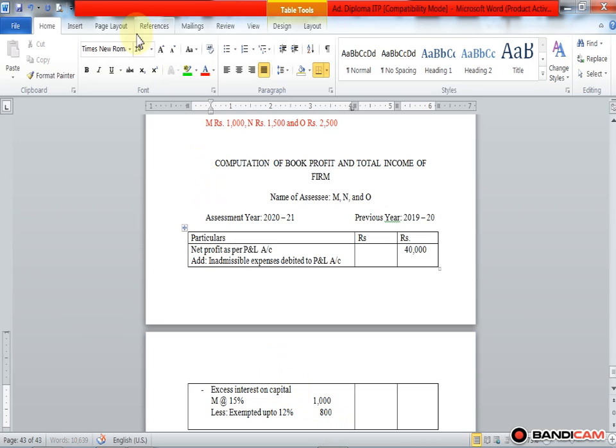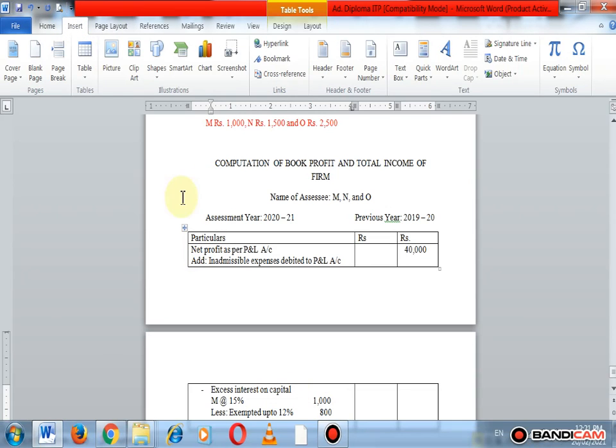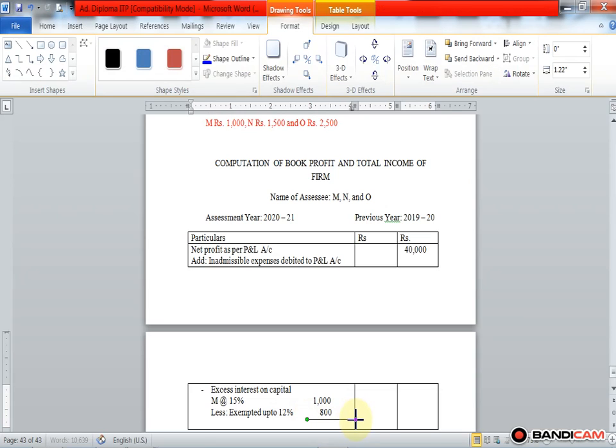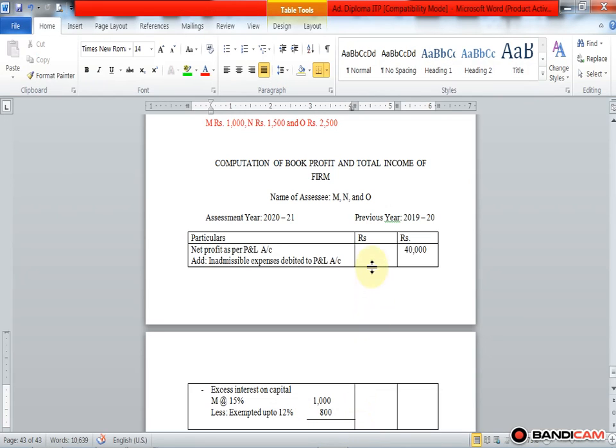Write down the figure in the outer column, that is 200 is taxable interest of Mr. M.